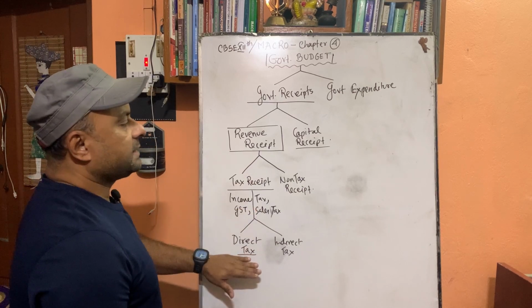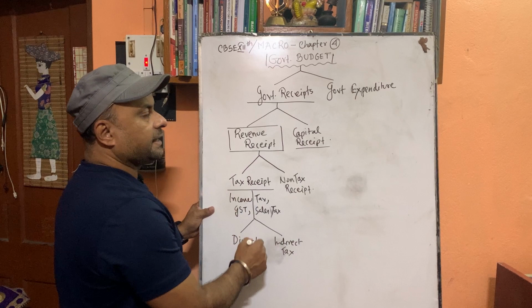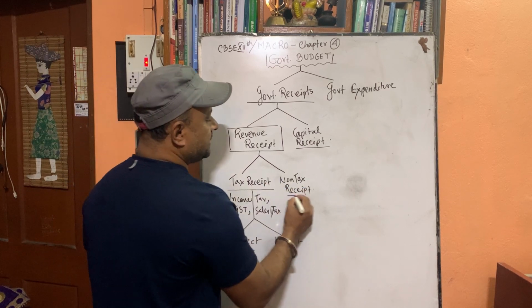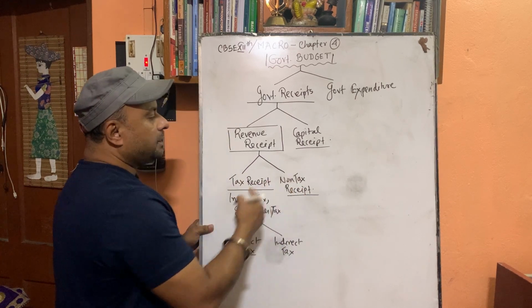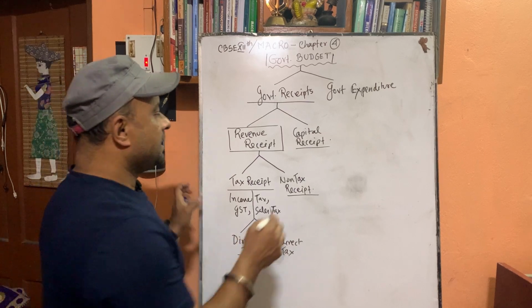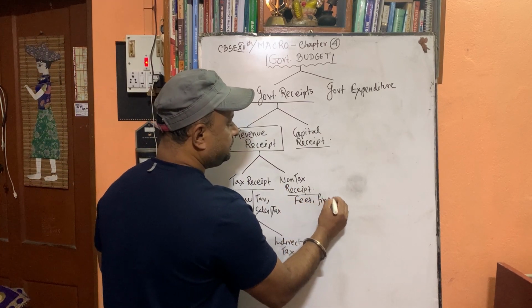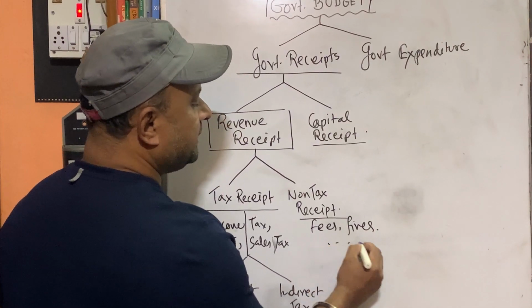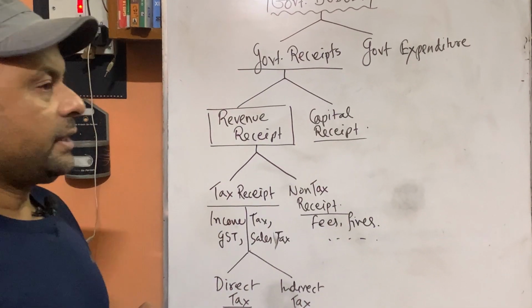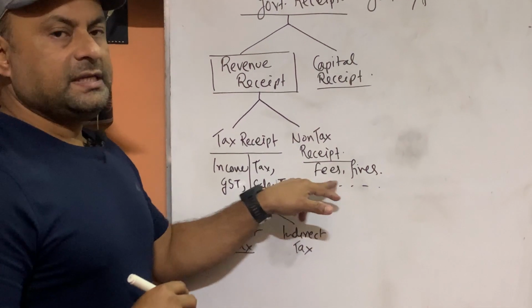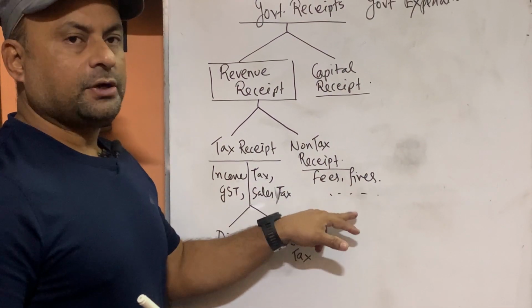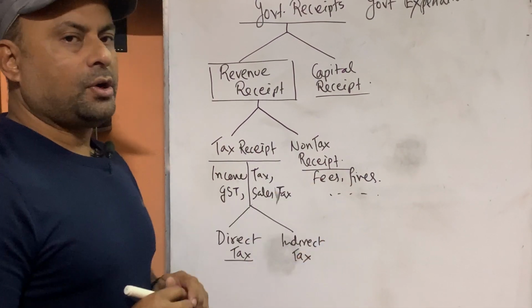These are all the tax receipts from where government gets taxes. Now non-tax receipts. Outside the tax, all the receipts come under non-tax. For example, fees, fines, penalties, like that. These all are non-tax. Any kinds of penalties, fees, fines, forfeiture of bonds. These all are non-tax receipts.